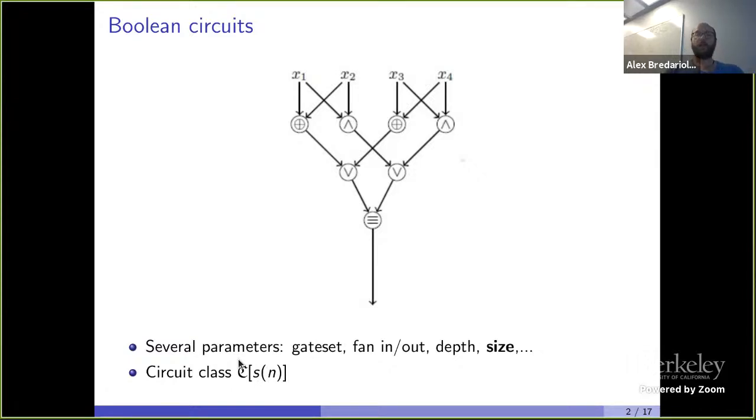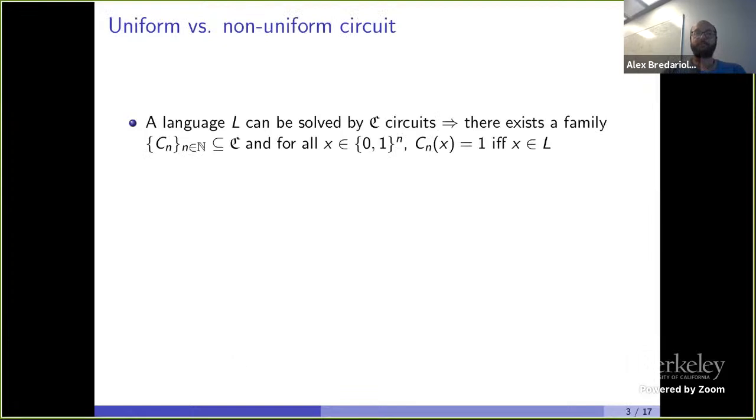Then we can say that a language L can be solved by circuits of type C if there exists a family of circuits Cn, each one of them belonging to this class, such that for every input, the output of the circuit on input X is equal to 1 if and only if X belongs to the language. So this is what I mean by a language being solved by this family of circuits.